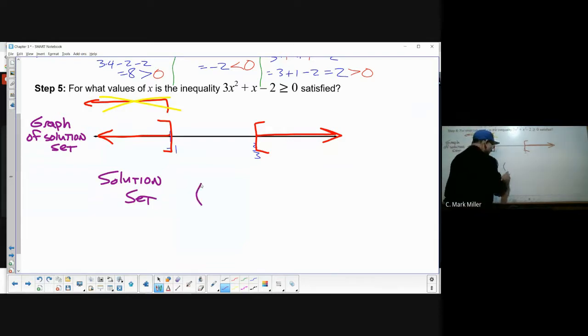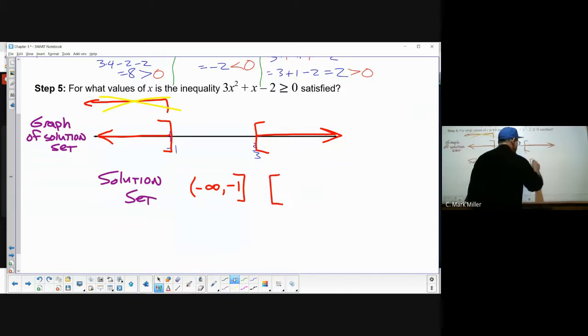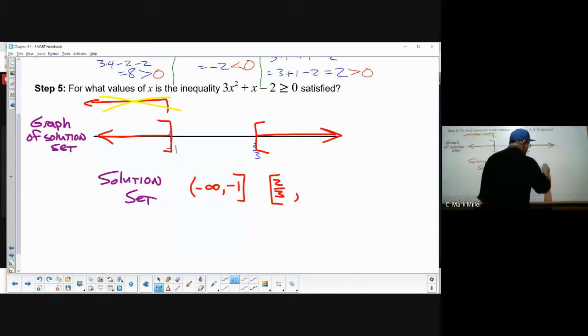So it's going to be on the left, minus infinity, comma, up to and including -1. So it's going to be -1 square bracket. The set on the right starts at 2/3 with a square bracket, and it goes all the way to positive infinity.